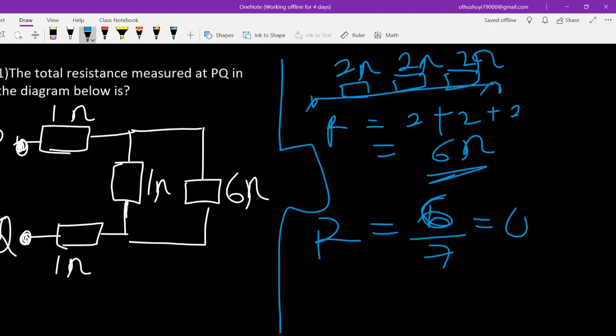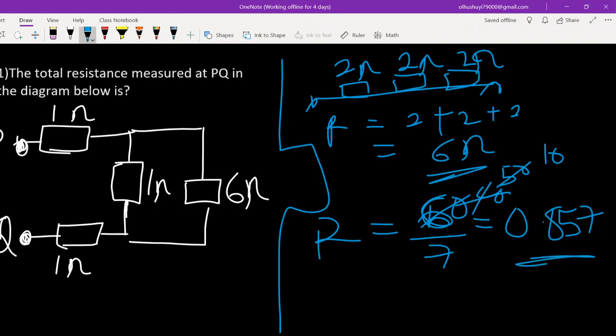Divide this: 0.857. We can stop here. So we have this to be 0.857 ohms.